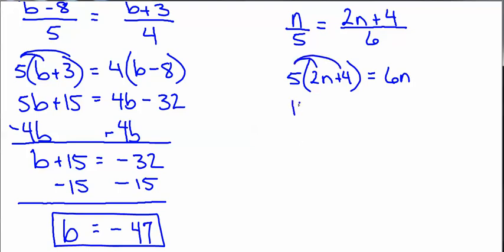So 10n plus 20 equals 6n. Gotta be careful here. What would you do next here?